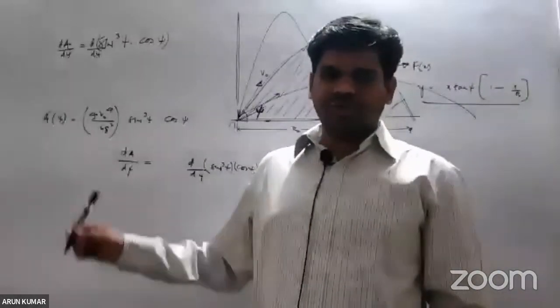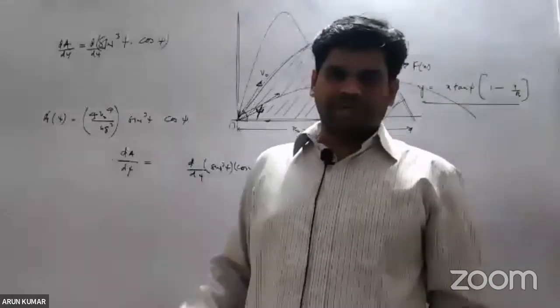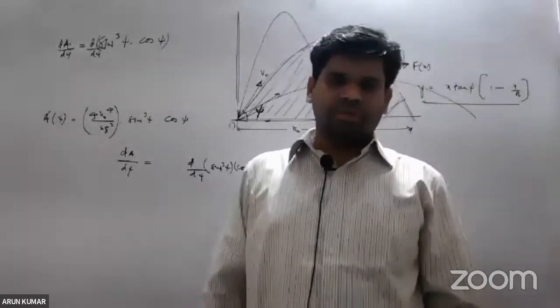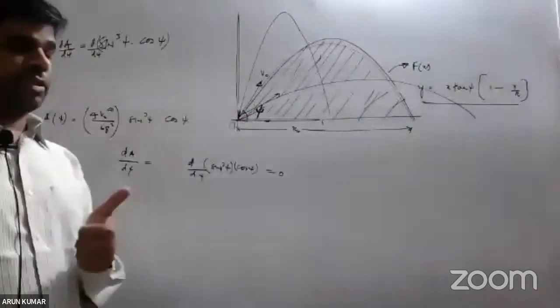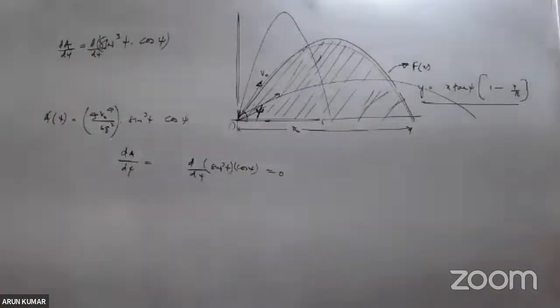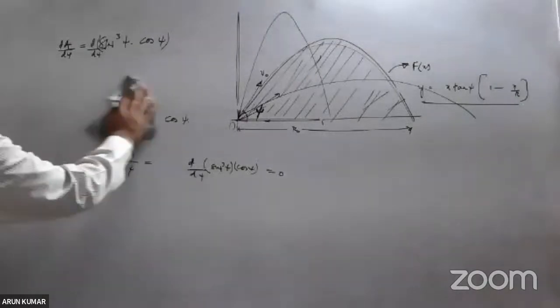How do you differentiate sine cube psi into cos psi when you have a product of two functions? UV rule or chain rule, sir? Yes, correct. That's right. Good. So UV rule first.